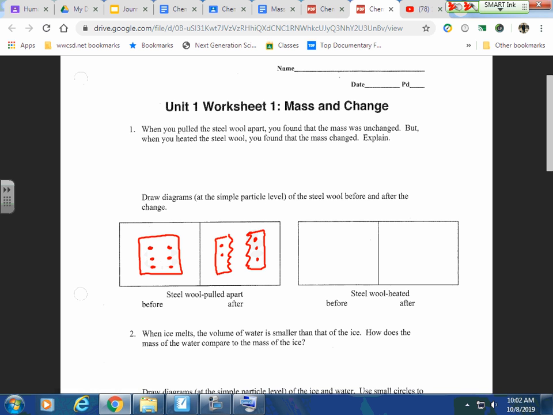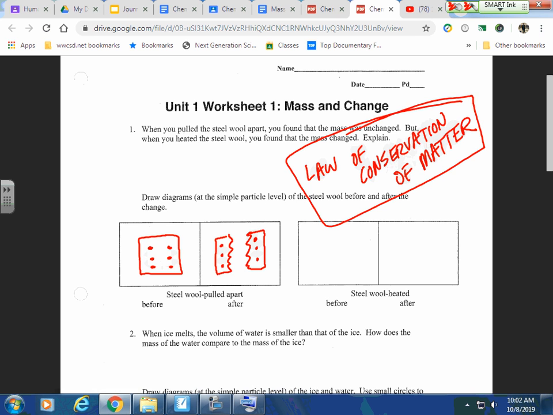Now, the main idea with all of this mass and change lab, don't forget, was the law of conservation of matter. This is the big idea. You guys have to understand that that is the big idea. Does everybody see that?